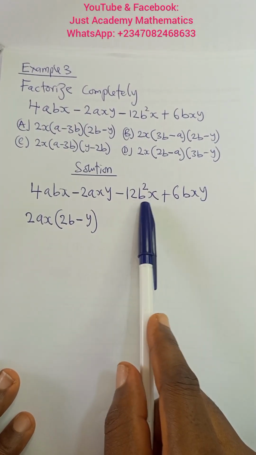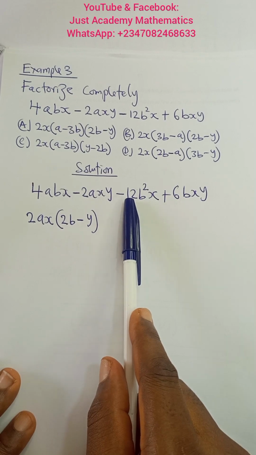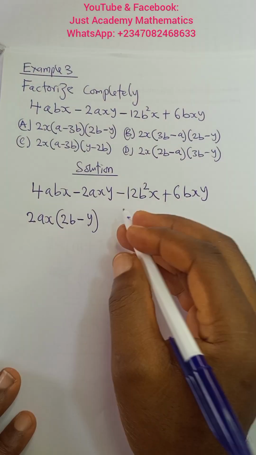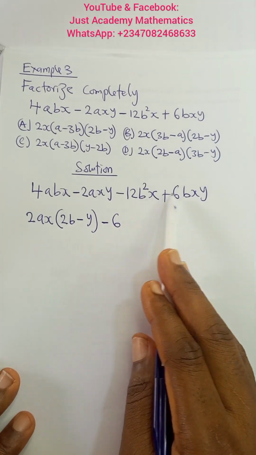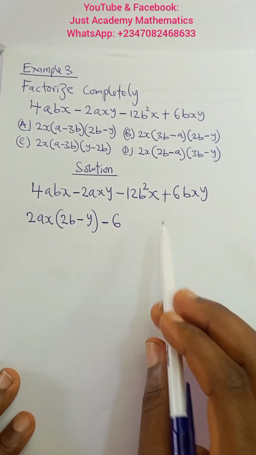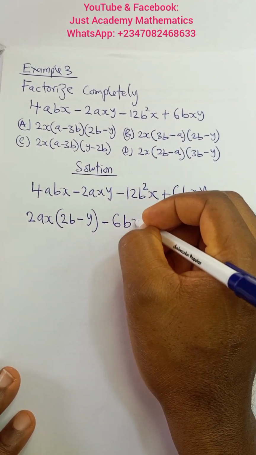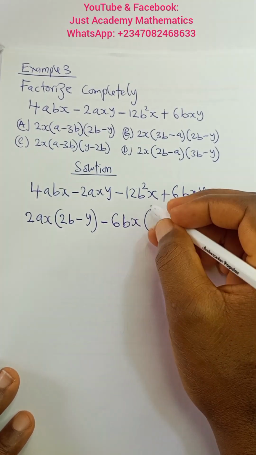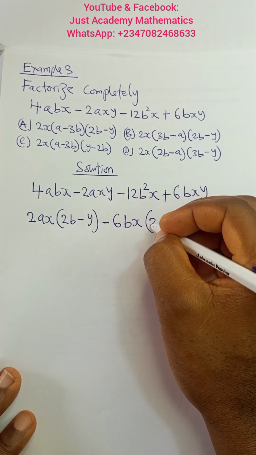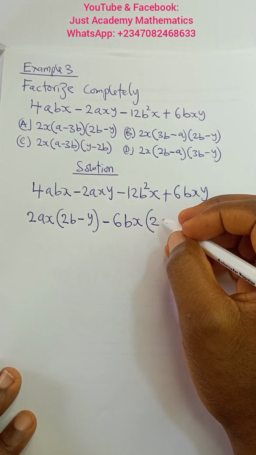So we do the same thing here. Between 12 and 6, 6 is common. Since here is minus, 6 is outside with a minus. Then we have b here, b here, and x, so bx is also common. So minus 6bx is common. What will remain? Since 6 is out, 2 will remain here because 6 times 2 is 12.